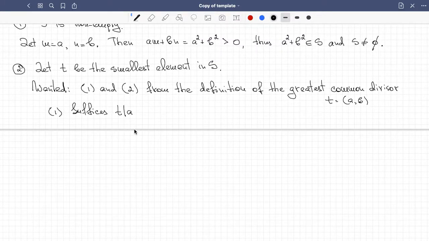Well, Euclid's lemma allows us to write A as T Q plus R, for some integers Q and R, with R not exceeding T.